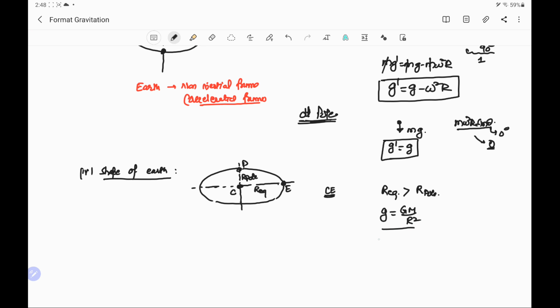So from this formula, if R equator is greater than R pole, then g equator will be less than g pole. It means the acceleration due to gravity will be more at the pole because the distance of the mass from the center is less, while the gravitational acceleration will be less at the equator because of the larger radius.